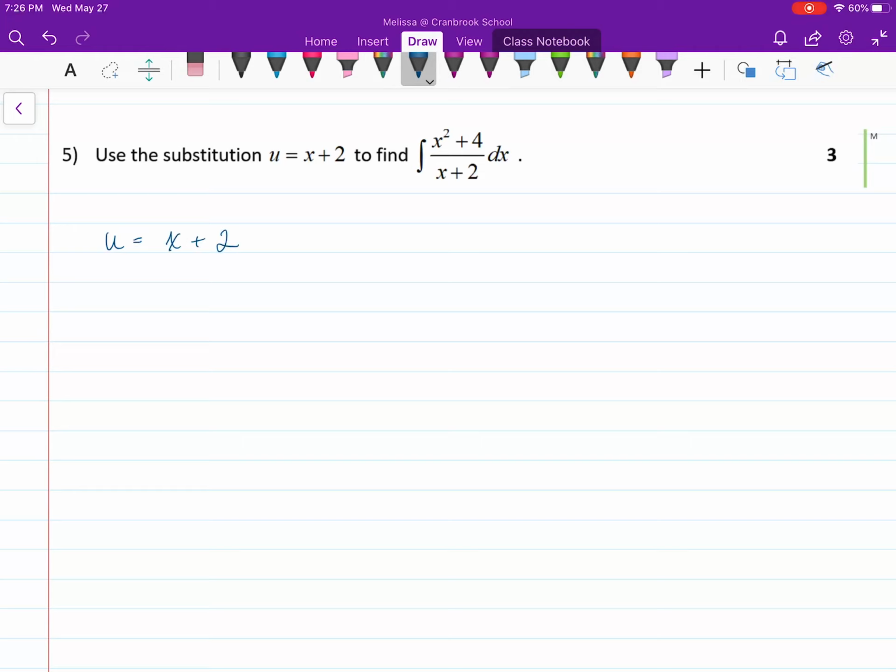So when you do u substitution, regardless of what the substitution is, we always want to find its derivative, as in du dx as well, so that when we do the substitution, all of the x variables must be replaced, but also the dx. So therefore, I'm going to also rearrange this. du equals 1 dx.